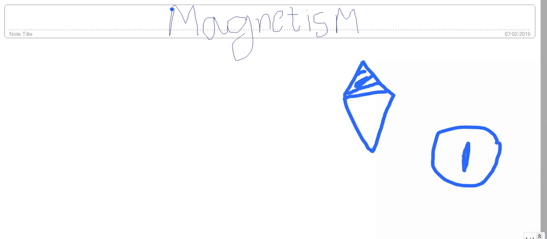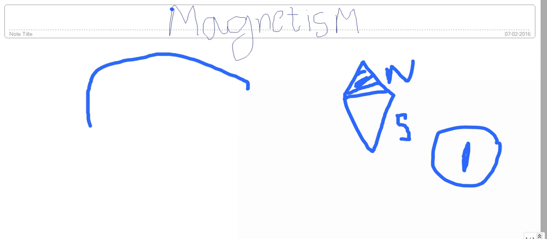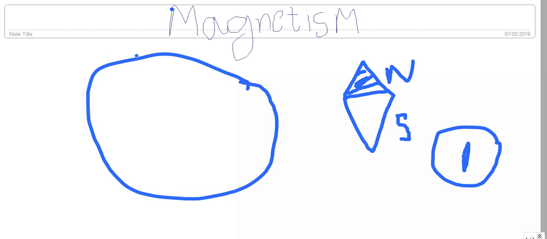If I say this is the north pole of the magnet, that is, this needle itself is a magnet, and this is the south pole. And consider the earth. Suppose this is the earth and this is geographical north. I'm stressing the word geographical north, and this is geographical south. When I place this needle, it will orient along the direction of the north.